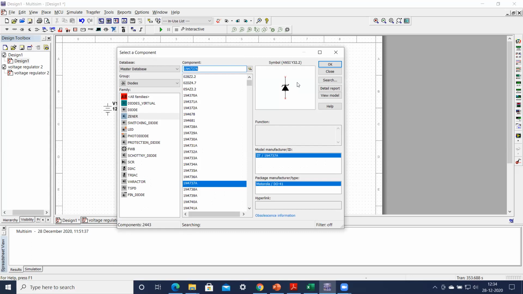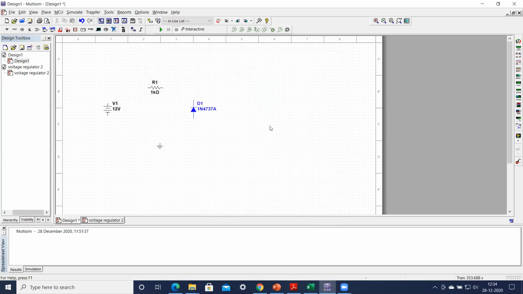Then we can have a variable resistance. First of all, let me explain the voltage regulator circuit.